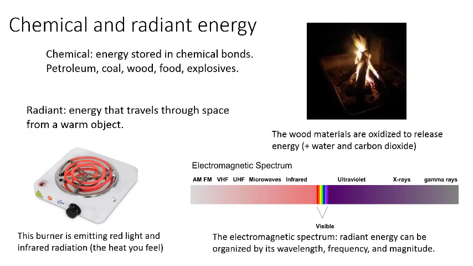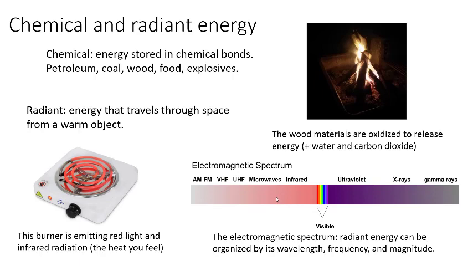But even on medium or low, you can feel the heat coming off the burner. And that's infrared radiation. What you're experiencing is a small part of a continuum we call the electromagnetic spectrum. Visible light, including red, is a function of how much energy is being transferred. Infrared, the heat you can feel, is just below it.